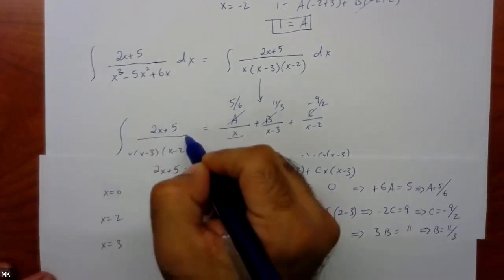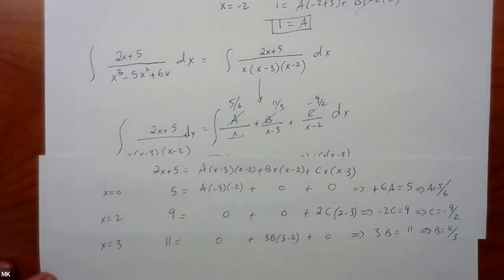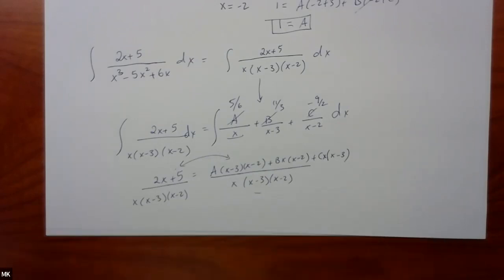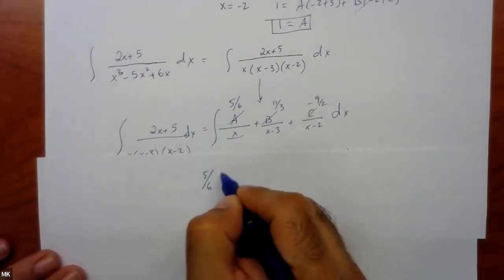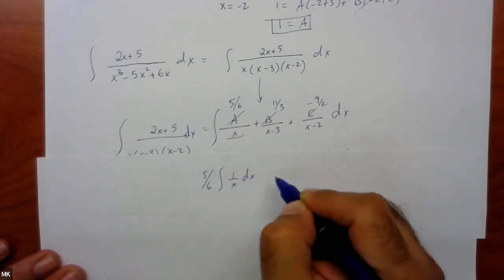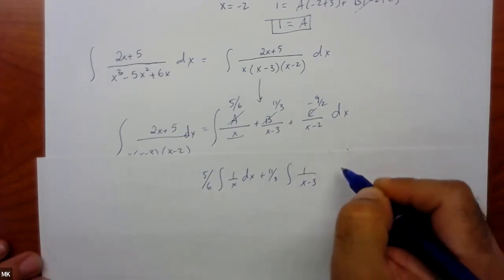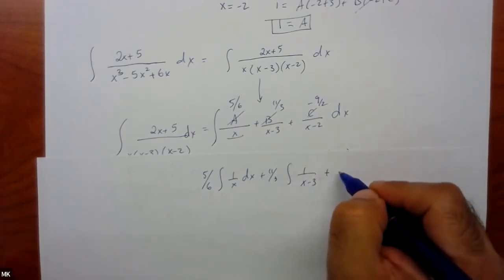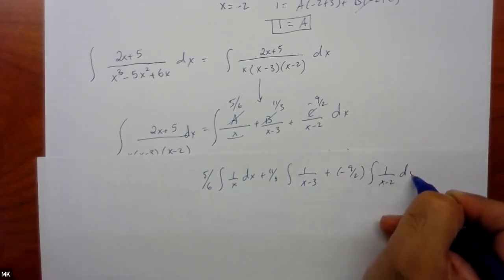So if I'm integrating this, I'm also integrating this. And then, of course, the integration process would not be too bad because then I have 5/6 integral of 1 over x plus 11/3 integral of 1 over x minus 3 plus negative 9/2 integral of 1 over x minus 2.